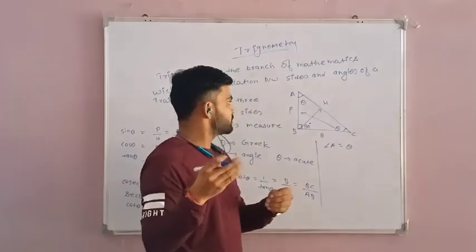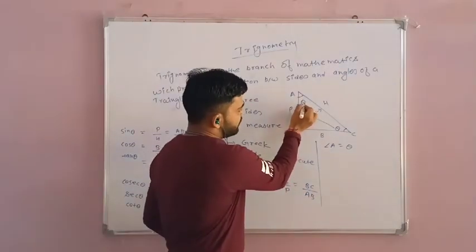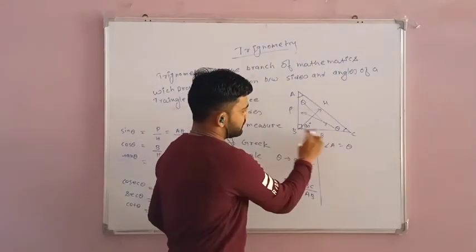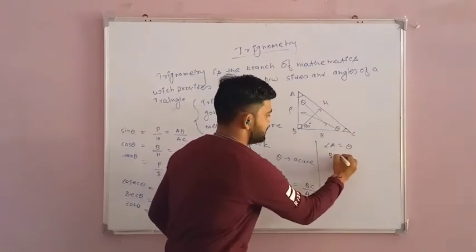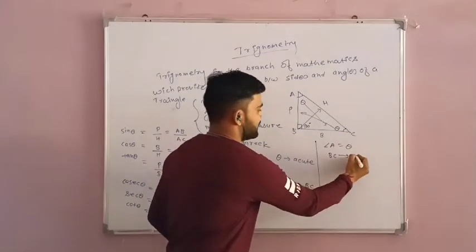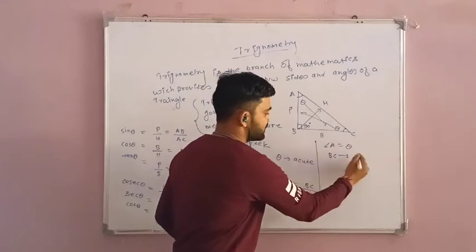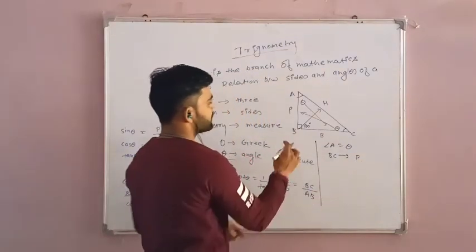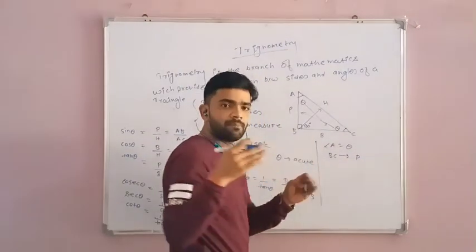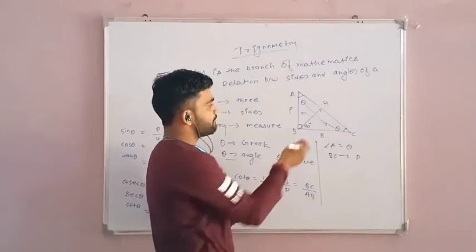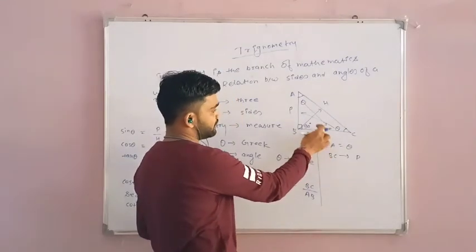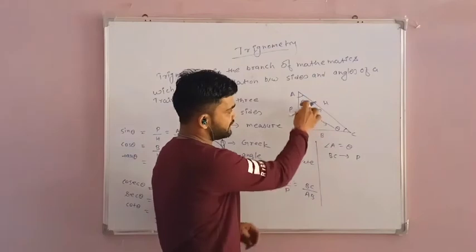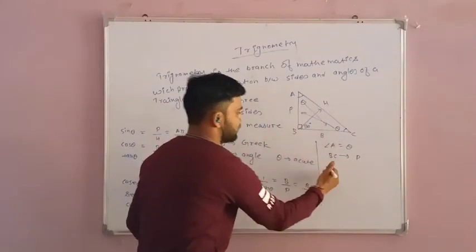Then what happens, students? The side opposite to angle theta, BC, is now the perpendicular. And hypotenuse is the same. Hypotenuse always remains the same, but the perpendicular is opposite to theta and the base is AB now.